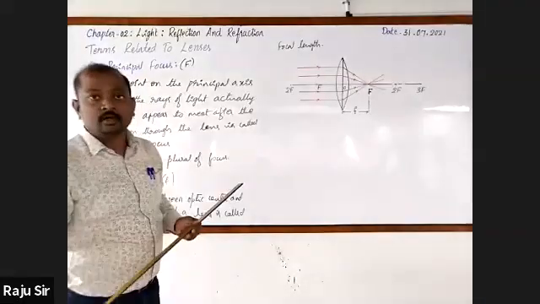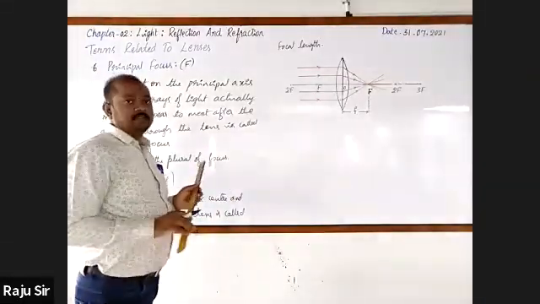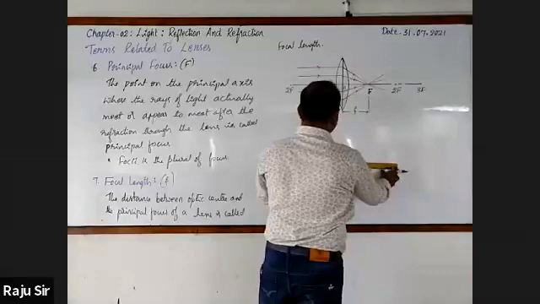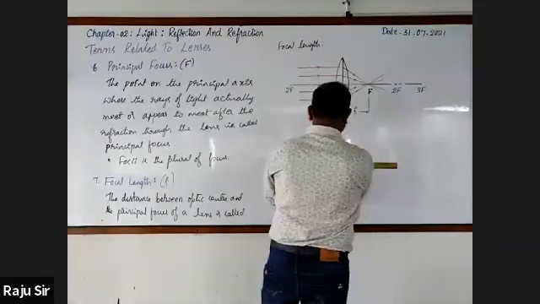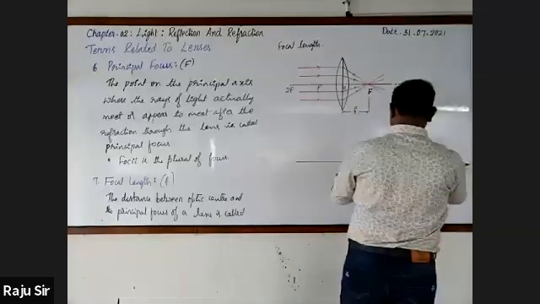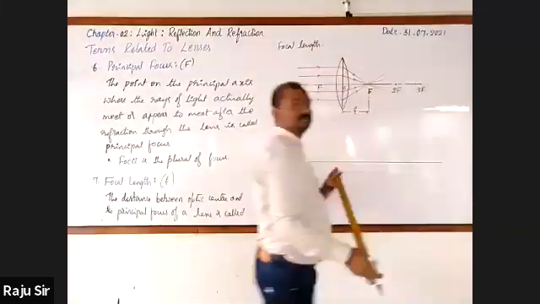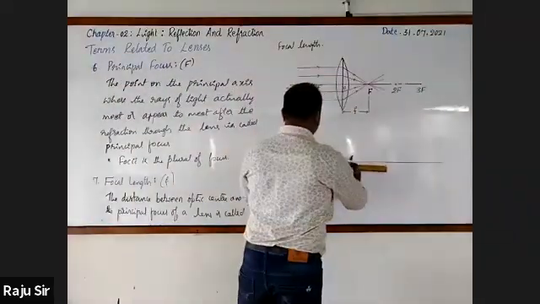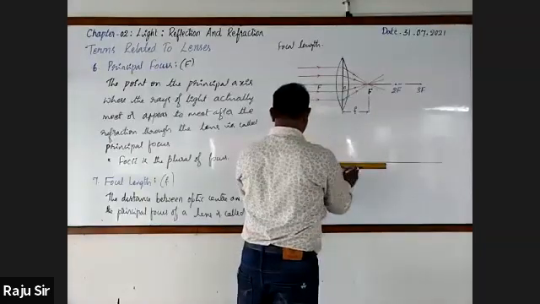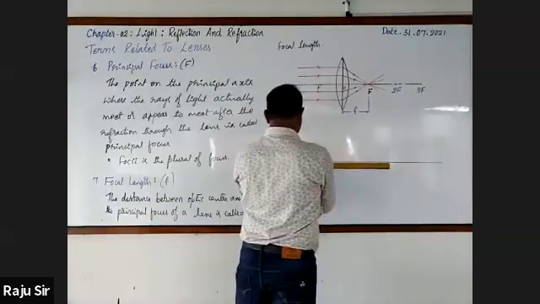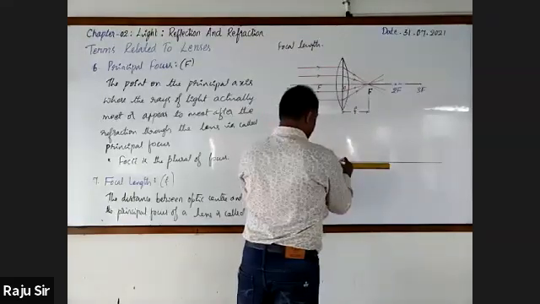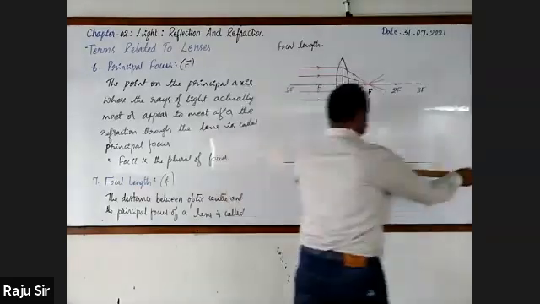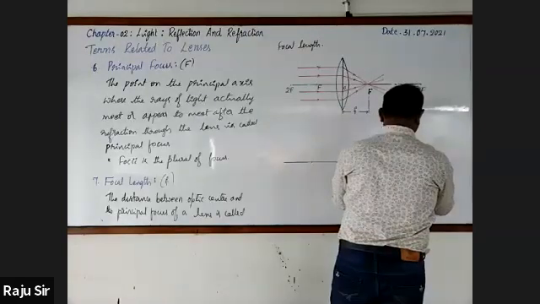Next, let us draw concave lens. Actually, I am speaking. You are speaking. Very good. Right. Go on marking for every 2 centimeter: 2, 4, 8, 10.